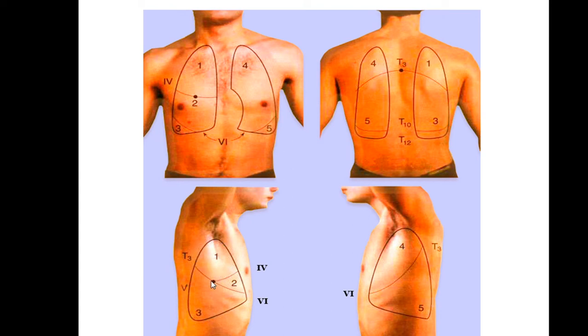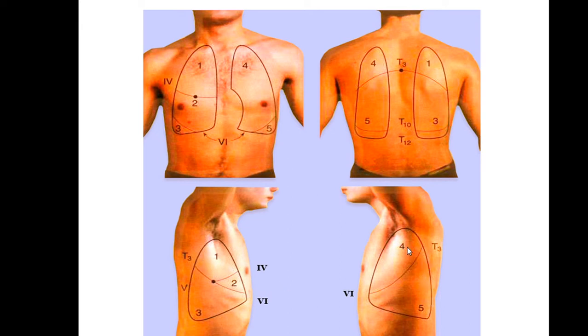lower lobes. And to detect the middle lobe of the right lung, you could use the slope of the fourth rib, which is crossed by the mid-axillary line, forming the second lobe of the right lung.